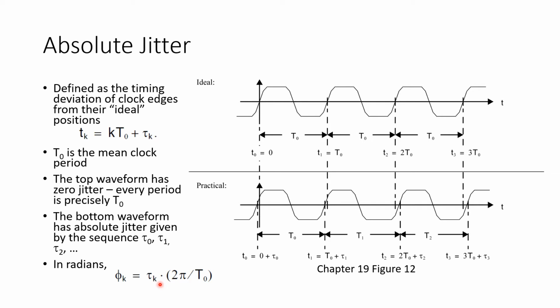Unfortunately, although simple to understand and define, it's very difficult to observe or measure absolute jitter because it relies on comparing a practical clock waveform to some ideal jitter-free clock waveform, which doesn't exist in practice. Nevertheless, absolute jitter is a very useful concept that we'll use to make basic definitions and to aid in our understanding of the behavior of jitter.